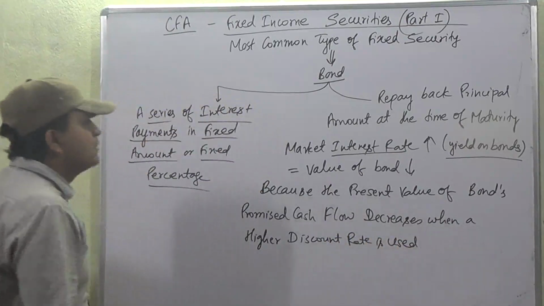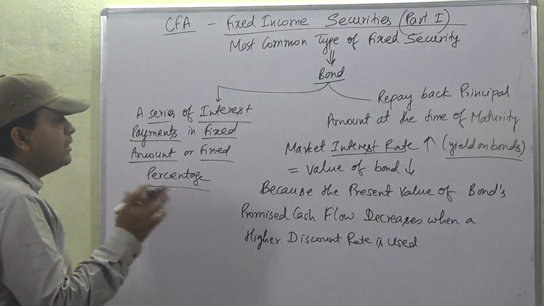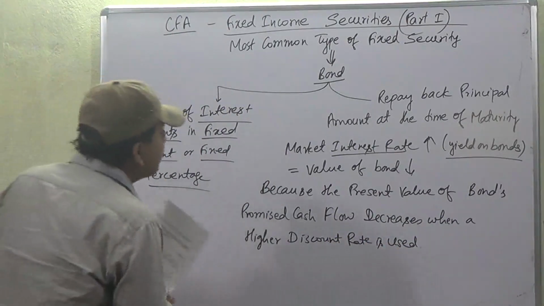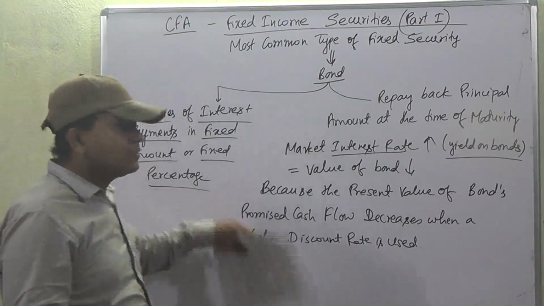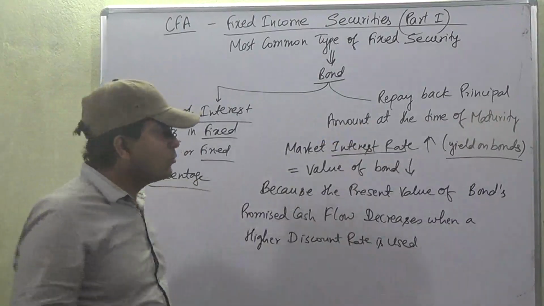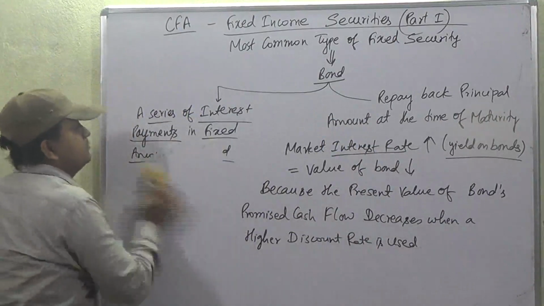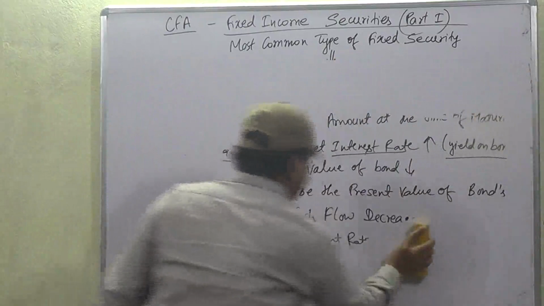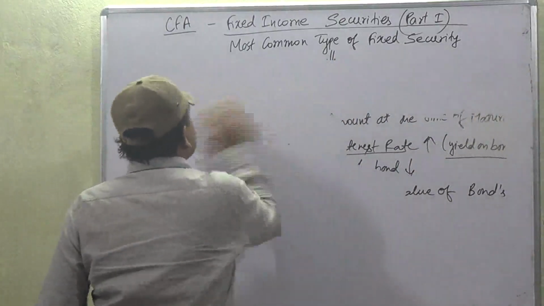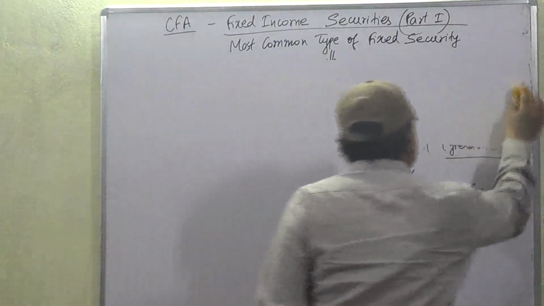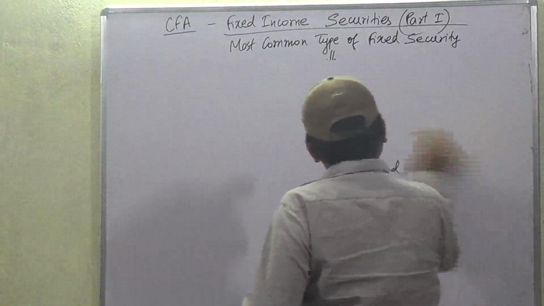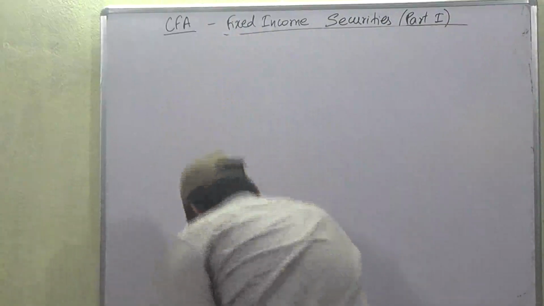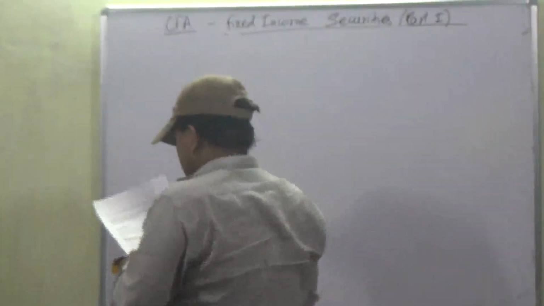So what do you understand? Market interest rate or yield on the bond is inversely proportional to the value of the bond. Please write down all those things; just pause the video and write them down.